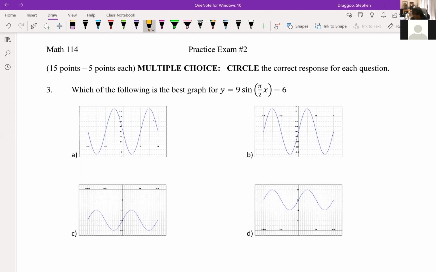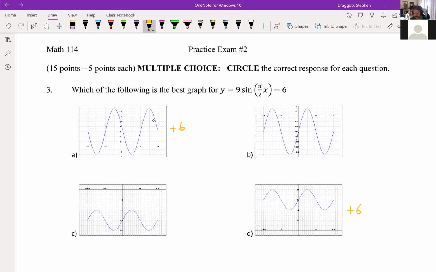So if I were to look at maybe A, that one looks like it's probably a plus 6 rather than a minus 6. So A is not a very good choice. Looking at D, it's hard to tell exactly, but this thing has also been shifted up. So D is also not a great choice. Down here in C, even without looking too hard at it, that amplitude is not bigger than 6.